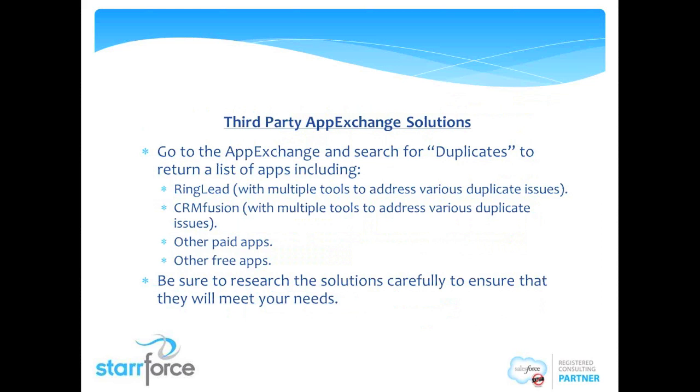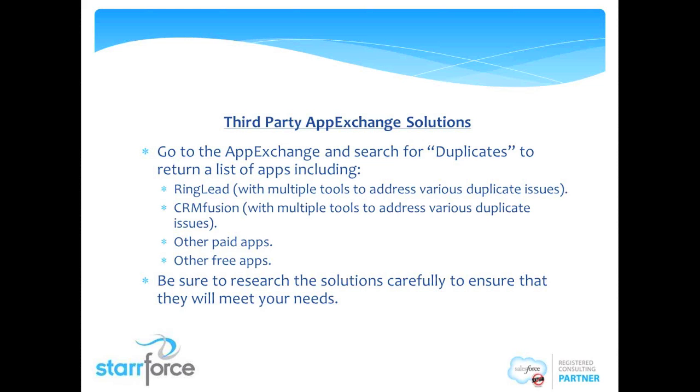For existing duplicates, Salesforce gives you the ability to search for them, by way of the Salesforce search, you saw that for accounts, contacts. You can only merge 3 records at a time. RingLead gives you the ability to merge, I believe it's up to 1,000 records at a time. Granted, not all those 1,000 are going to be under the same object, or you're not going to merge all 1,000 into one. If you do, I'd hate to see your database.